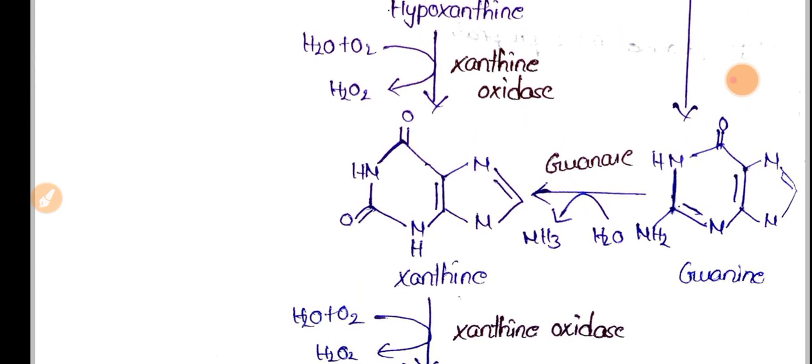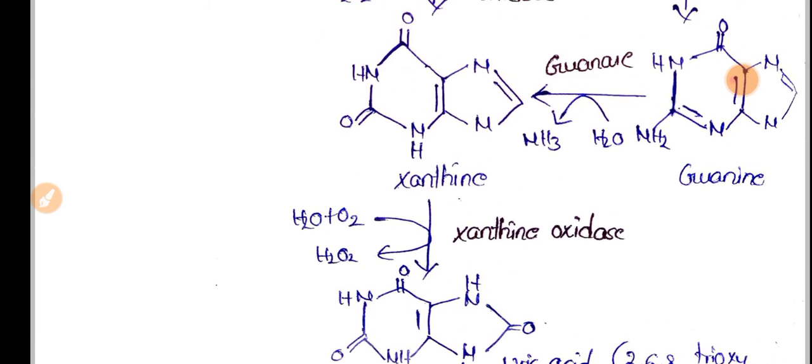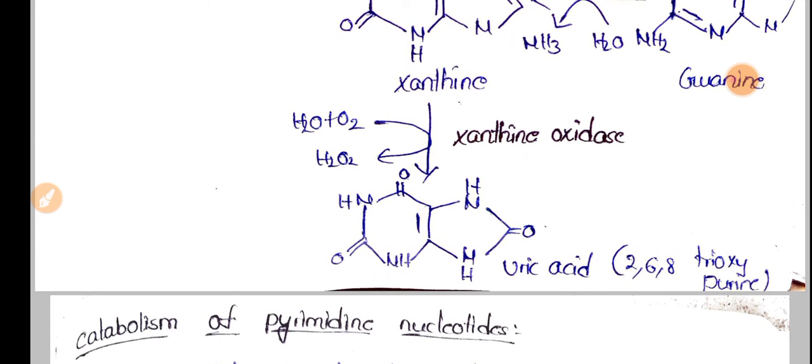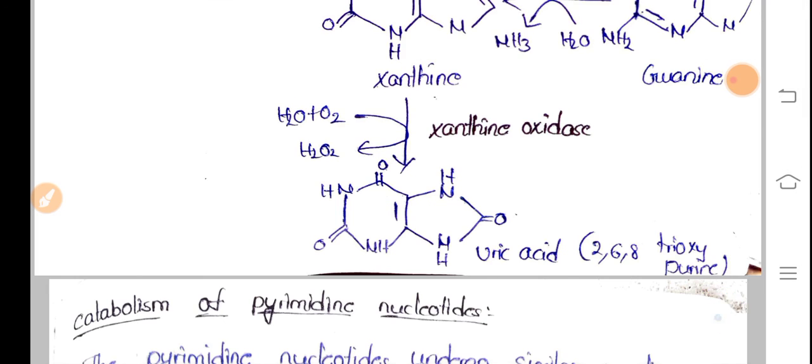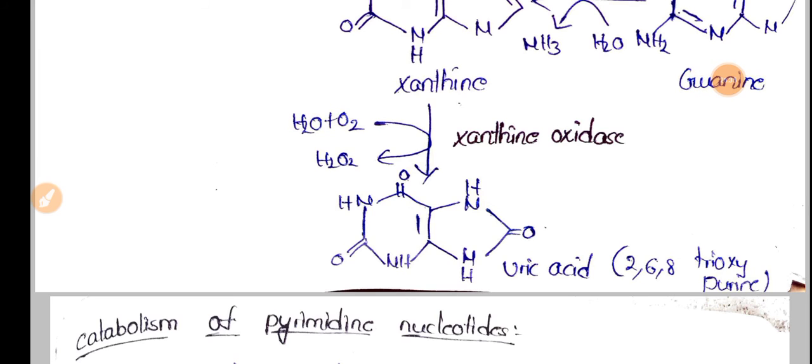Guanine is converted into xanthine by the activity of guanase. Again the same reactions: xanthine oxidase converts xanthine to uric acid, which we can call 2,6,8-trioxypurine. So this is about catabolism of purines.